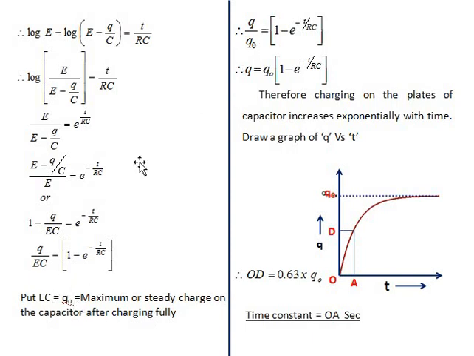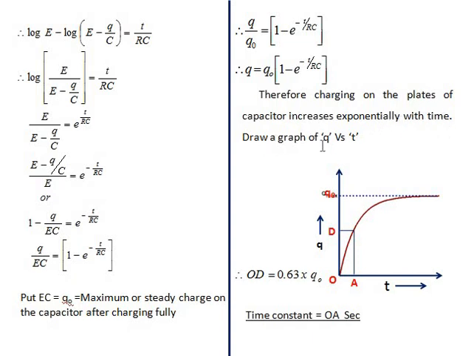So it becomes Q by Q naught is equal to 1 minus e raised to minus T divided by RC. So Q is equal to Q naught into bracket 1 minus e raised to minus T divided by RC. Therefore the charge on the plates of the capacitor increases exponentially with time.